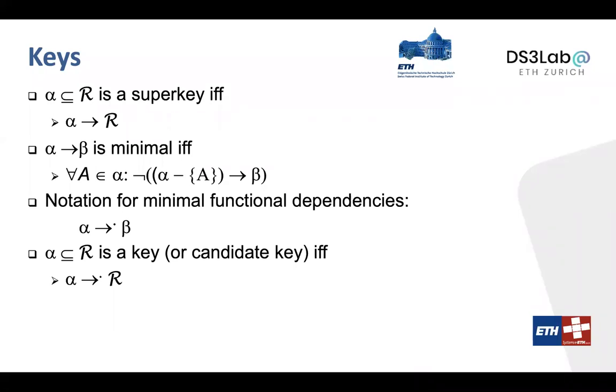If we say one set of attributes is a key, it needs to be a super key, so that functional dependency needs to exist, and also needs to be minimal in the sense that if I remove any attribute in this set, you will not have this functional dependency anymore.